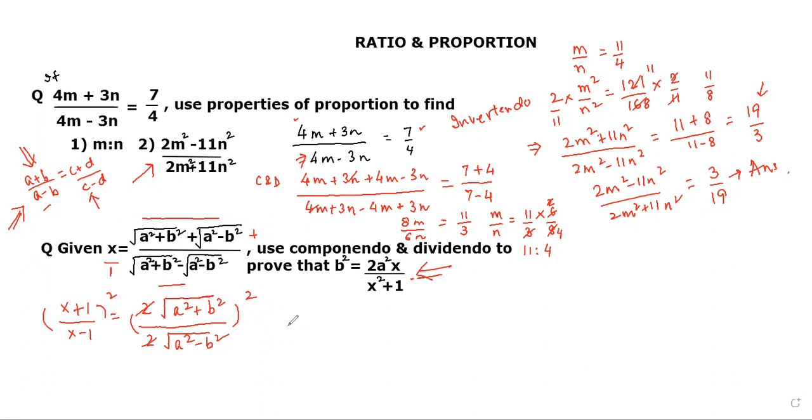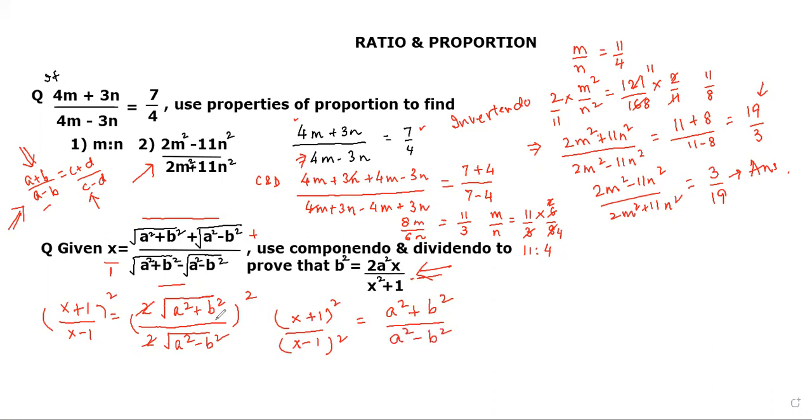So what will happen is that this will become x plus 1 upon x minus 1, square of this, is equal to, when I do the square of square root of a square plus b square, I get a square plus b square, right? And in the denominator, if I do the square of this, I will get a square minus b square.